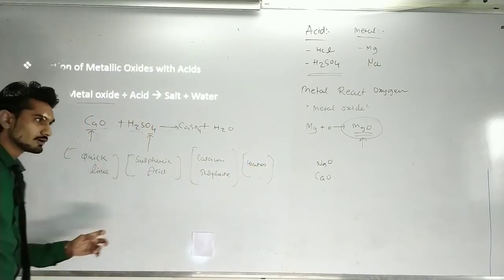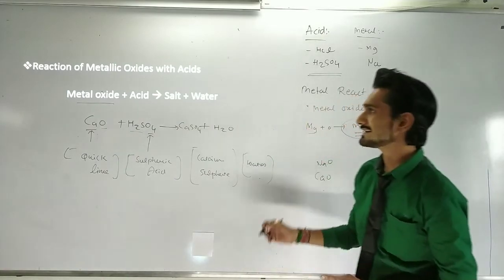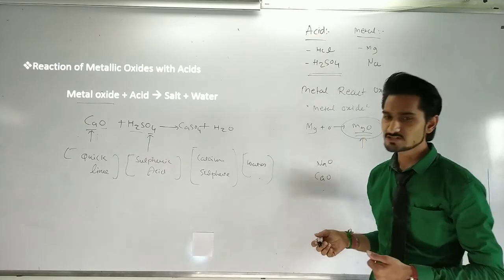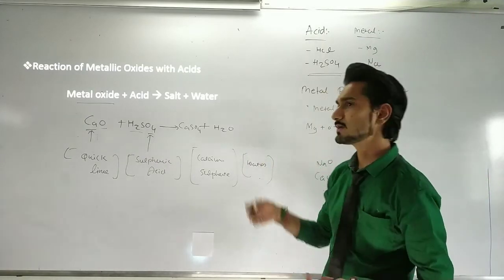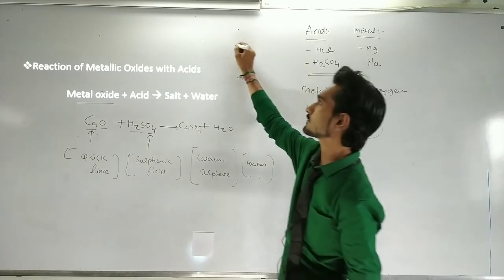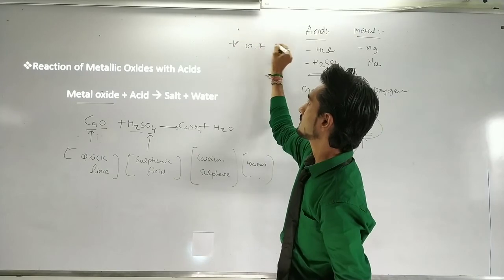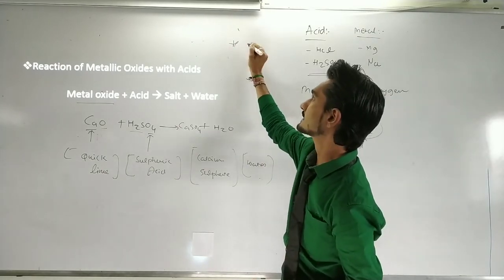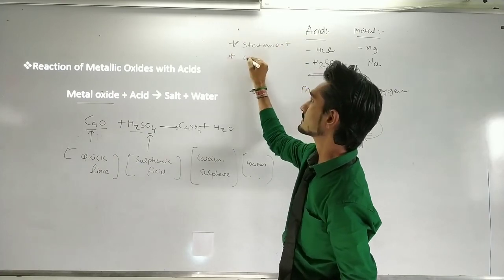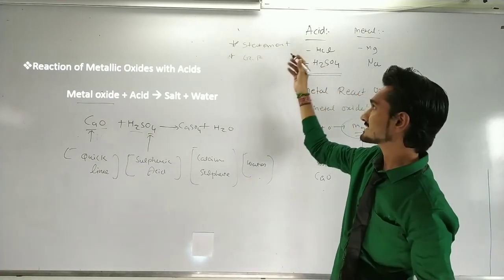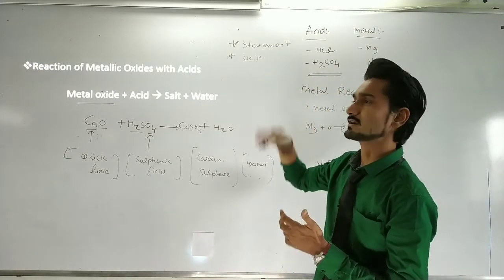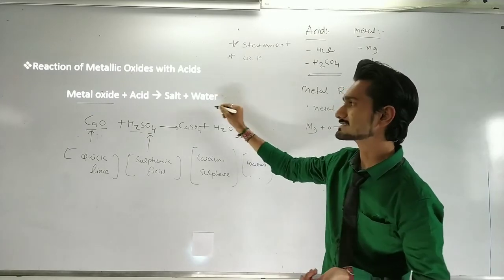Now you have to write this question's answer in the same format as I have already given in the previous property. Whenever the question is asked in the board examination, what happens when a metal oxide reacts with acid? First, you need to give the statement regarding that. In the statement, I will give you: when a metal oxide reacts with acid, it gives us the salt and water. Afterwards, you need to give the general formula that is written here.